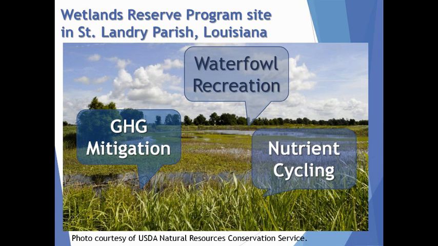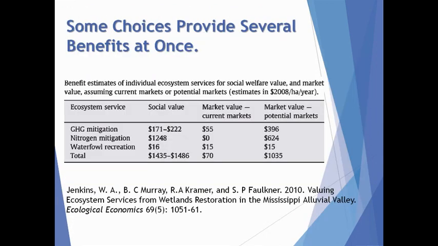Here we look at a sister program to the CRP, the WRP, which has been reinvented in the 2014 Farm Bill. The WRP, the Wetland Reserve Program, provides a variety of benefits. This paper, published in 2010, estimates the amount of these benefits and quantifies them in monetary terms.